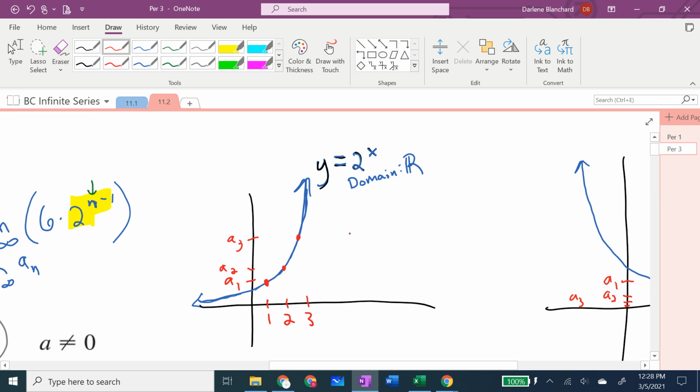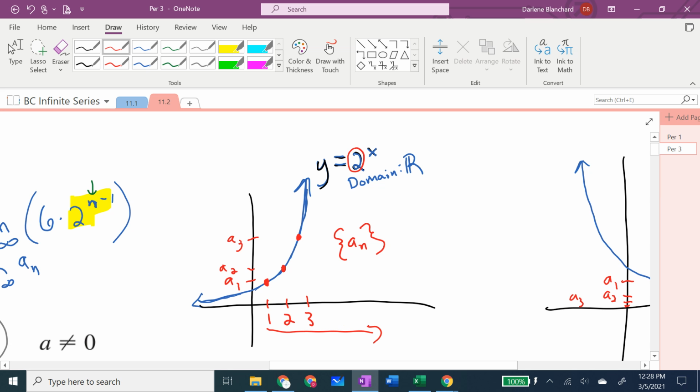Okay, if I'm looking at the sequence of terms in a geometric series, then I am looking at, if the base is a 2, then it is a discrete function because it is not dealing with continuous, it's dealing with following the natural numbers.